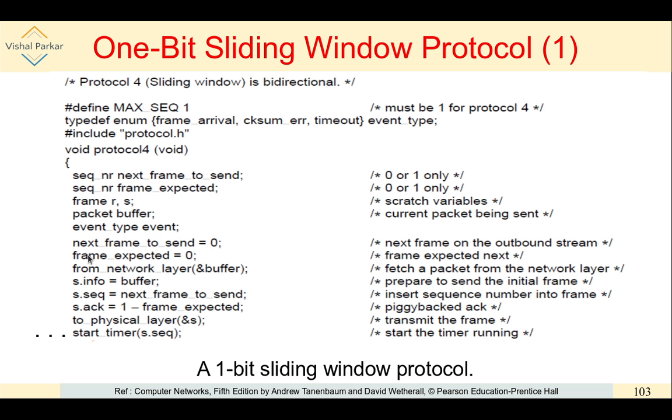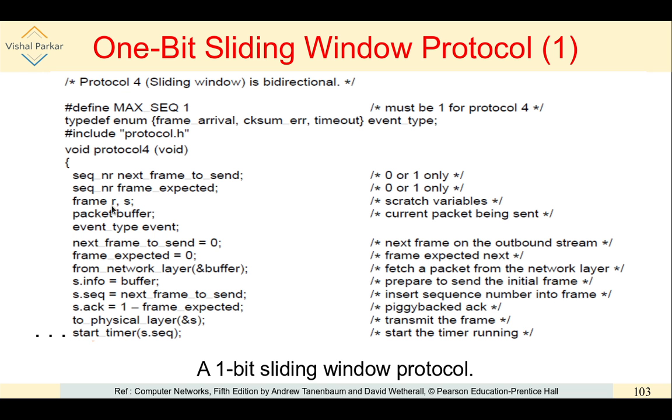Now this is indicated by the actual algorithm of the 1-bit sliding window protocol. Here protocol 4 is the 1-bit sliding window protocol, where we define max_seq to be equal to 1. Next we define the event_type as an enum with possible values of frame_arrival, cksum_err, or timeout, where the definition of the protocol now defines seq_nr next_frame_to_send and seq_nr frame_expected.